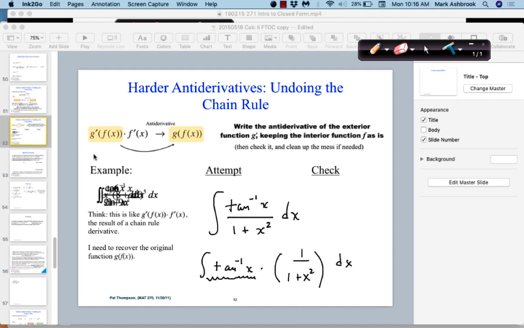Yeah. That may be obviously wrong, but I got 1/2 tan to the negative 1 of x squared. So you saw this as what? What did you see the g prime function as? I wrote it like backwards. Yeah.